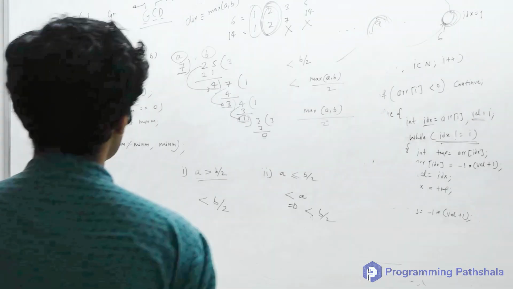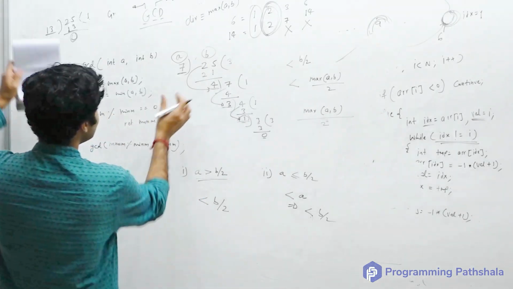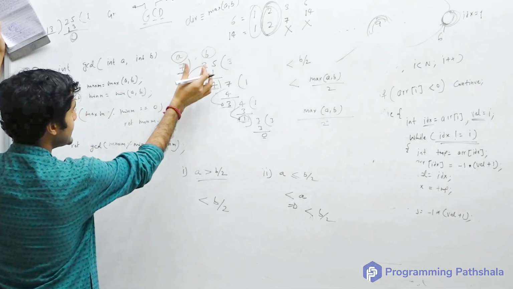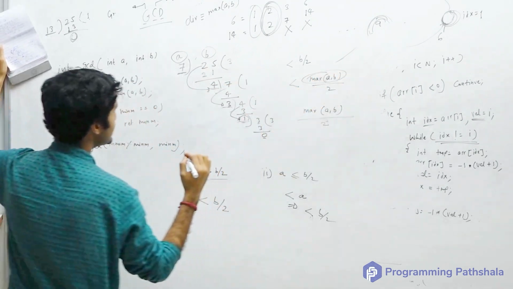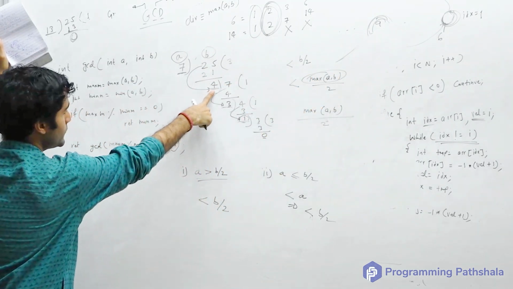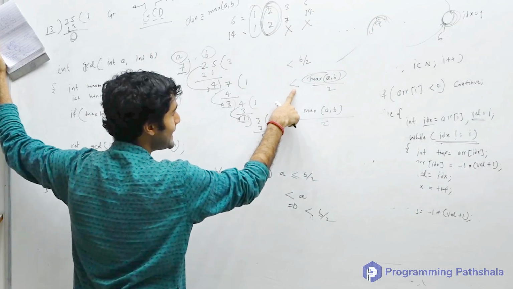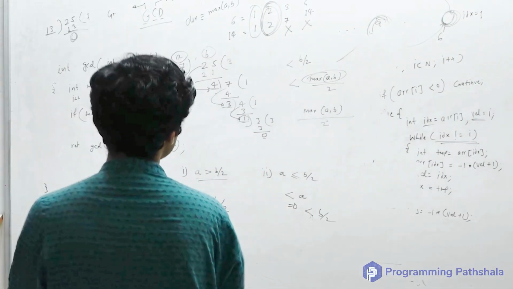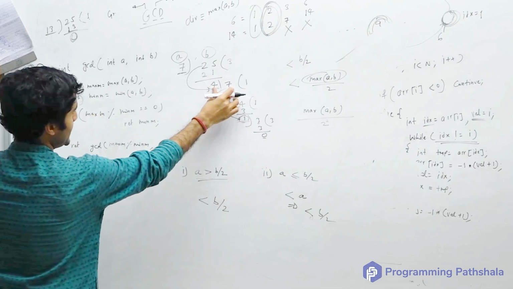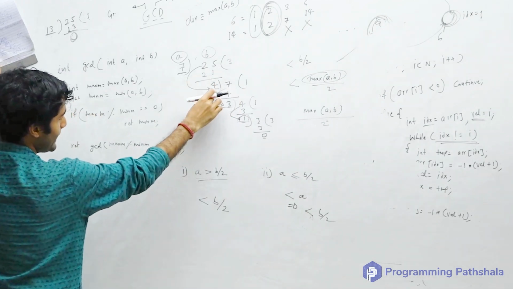So what I am saying is that let's say the max of initial a comma b is being represented over here like this. Whatever your next divisor would be will definitely be smaller than max of a comma b by 2. Got this, right? Now this happens at each level, because let's say you got a value over here.